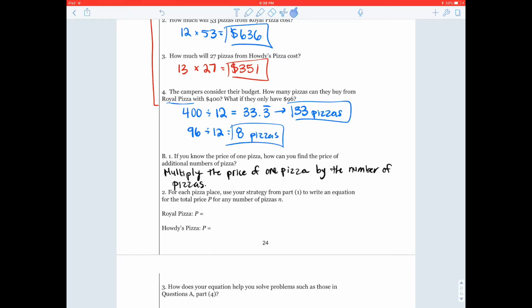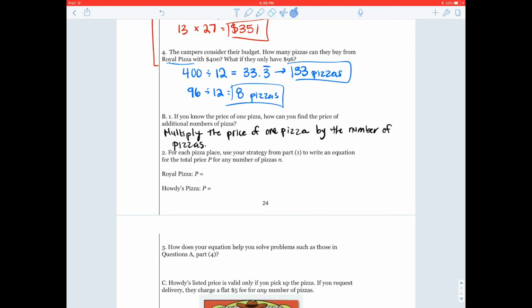So for question 2, we're now going to write an equation. Equations are nice because we can plug in any number that we want, and it'll give us what we're looking for.